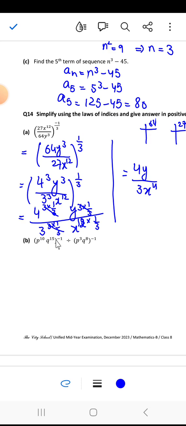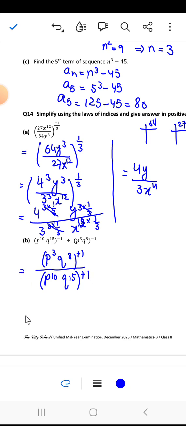The next question again has negative powers. I can just take the reciprocal and both powers will become positive. If I take the reciprocal, p cube q8 whole power 1, because the reciprocal will change it into plus 1. P raised to power 10, q raised to power 15, and the reciprocal will turn this also into plus 1.